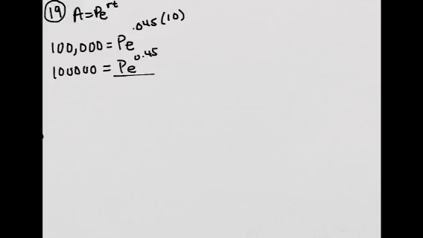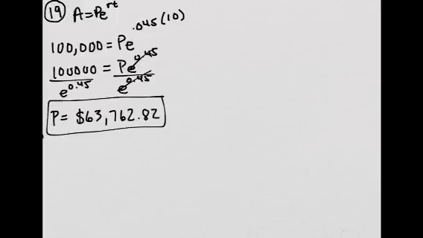So I'm going to divide both sides by that. So that cancels here, and so that leaves P by itself. So now I just plug that into the calculator, the left side. So P is $63,762.82.